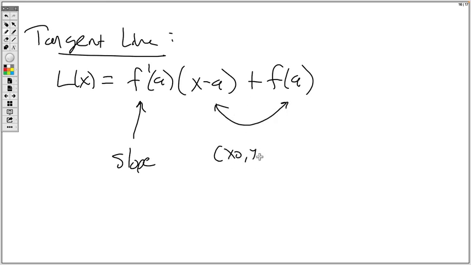And the point on the curve is a, f of a. So these are the two big formulas we'll be working with. And then there's a variation of the one.